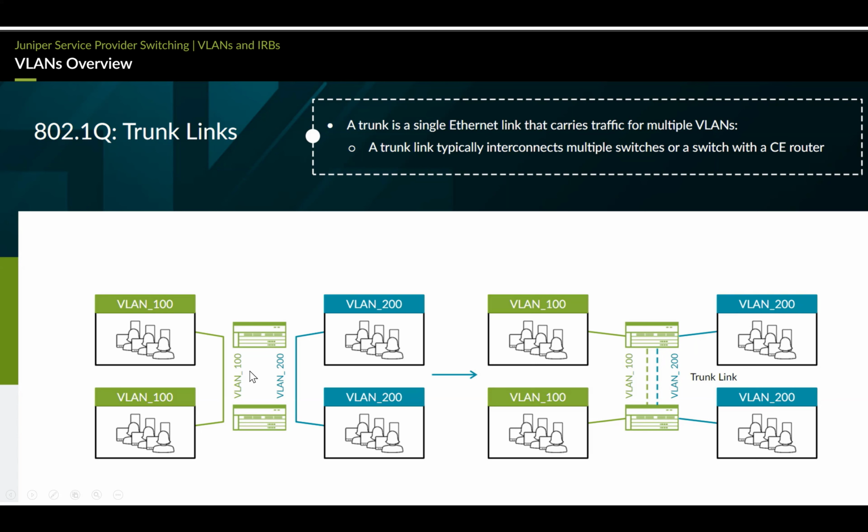Okay, so for this, if you consider access mode, you can connect one switch port to another switch port, and this switch port you can configure for VLAN 100. Another port is for VLAN 200 if you have multiple VLANs.